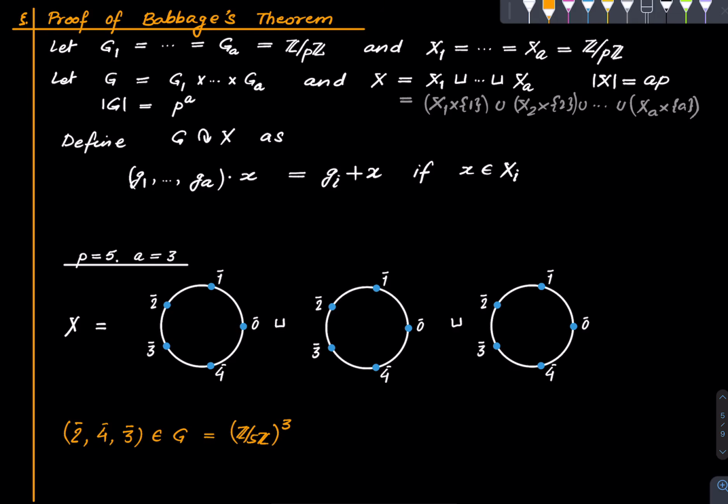So (2 bar, 4 bar, 3 bar), when acted on some element of X, let me just put it as little x, and suppose this x is, let's say, the orange one. I will just take the first coordinate and add it to this element. If I add it, I get here, because 2 bar plus 1 bar is 3 bar.